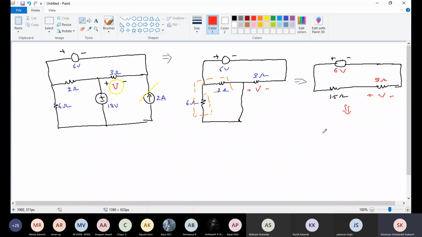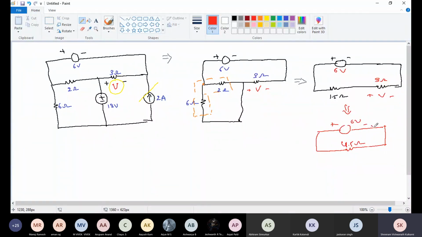Now I am going to reduce this one to 6 volt. 1.5 plus 3 is how much? Tell me the total impedance of this network. 4.5 ohm. This is the 6 volt source.